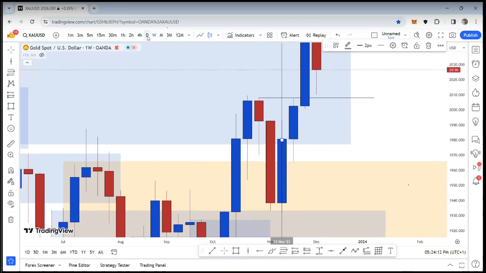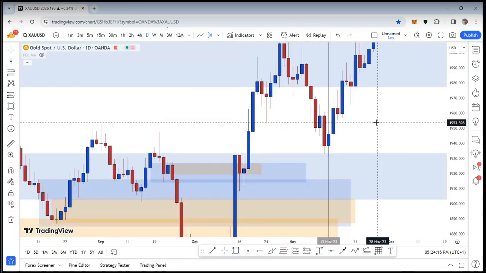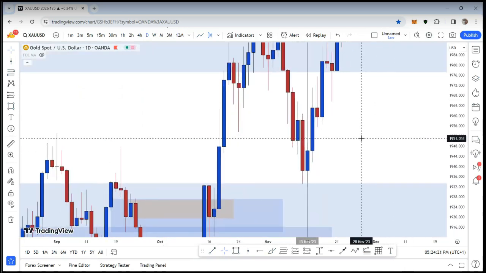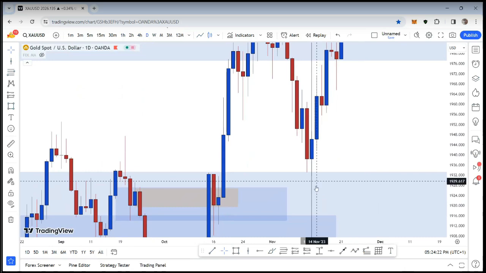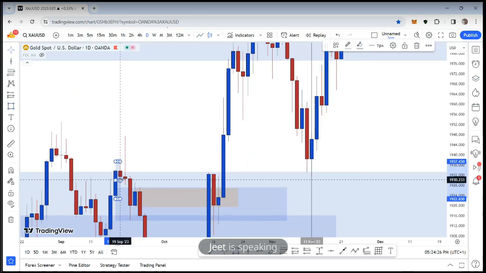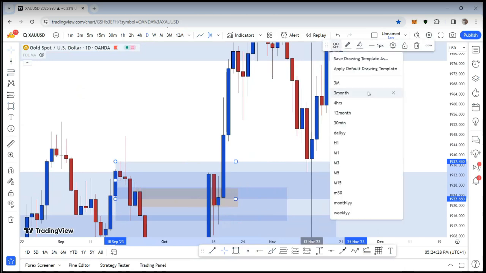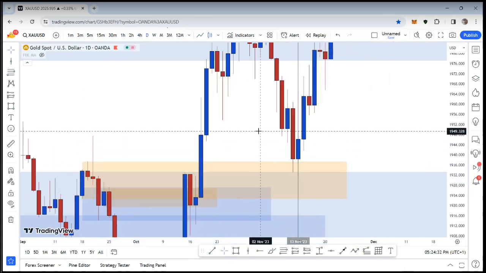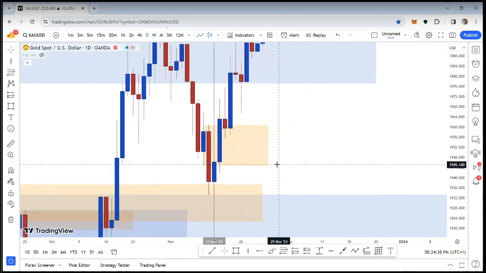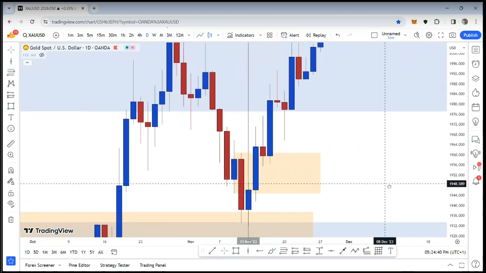While going down to the daily time frame, did we have a daily change of storyline? Guys, look at it very well. Yes. Price was respecting this daily refined zone here, and it is obvious that we now had the change of storyline, which was visible.